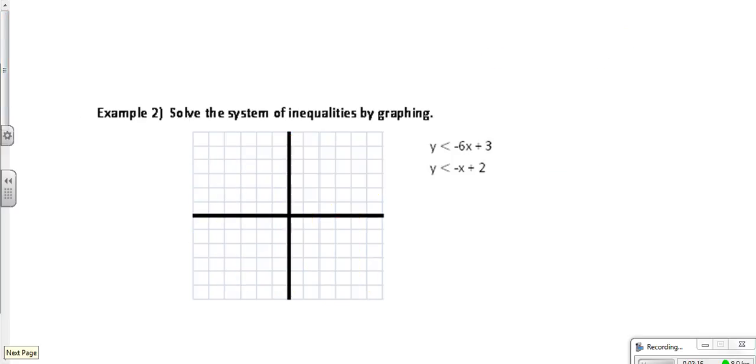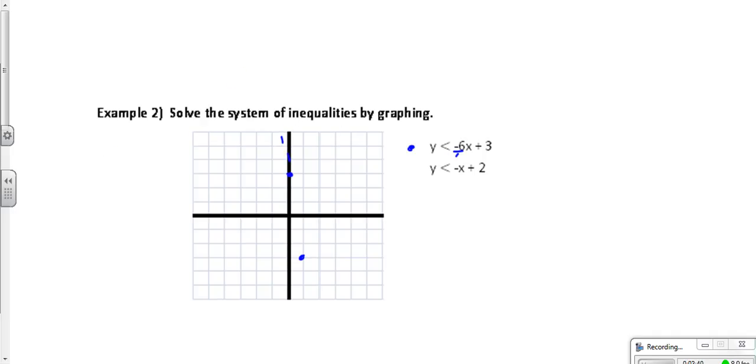So something more traditional, we take a look at this one first. Y-intercept of 3, slope of -6 over 1. So 1, 2, 3, 4, 5, 6 over 1, and so on. We would have a dotted line because it's less than and not less than or equal to. Remember, the line underneath it will decide if it's solid or dotted.